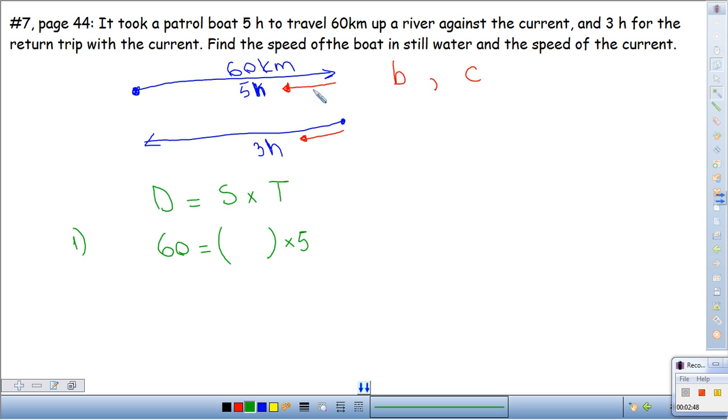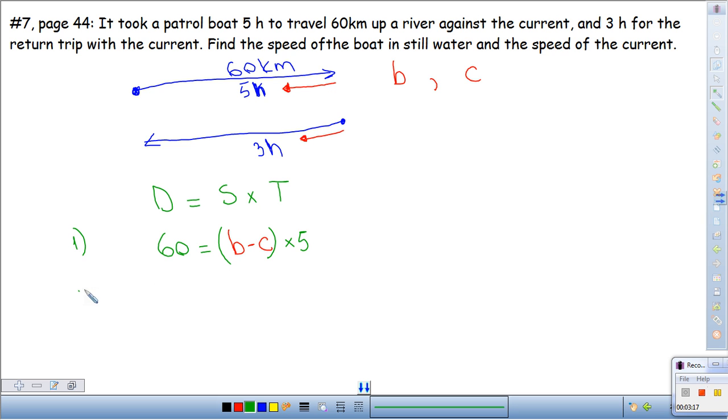Well, as we figured out, the boat had one speed, but it got slowed down by that current. So the combined speeds are less than what the boat would have in still water, and I could represent it as B, the boat, minus the speed of the current.